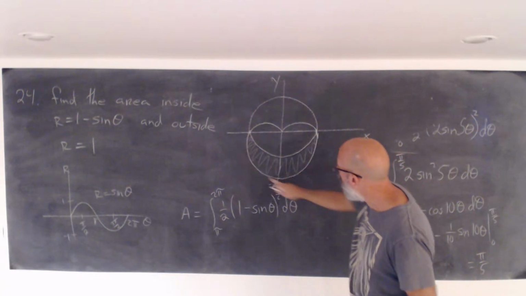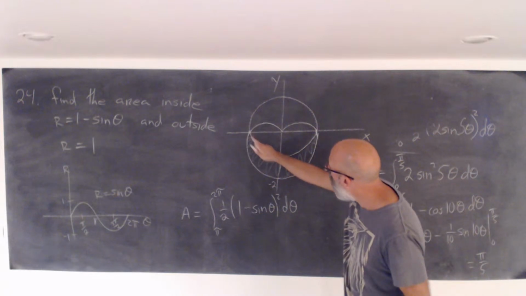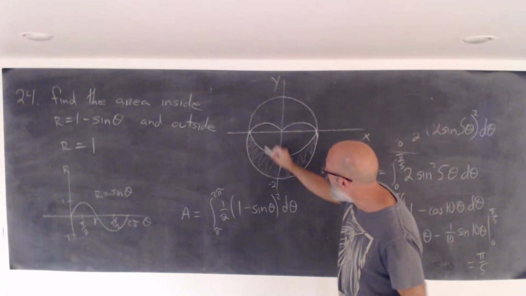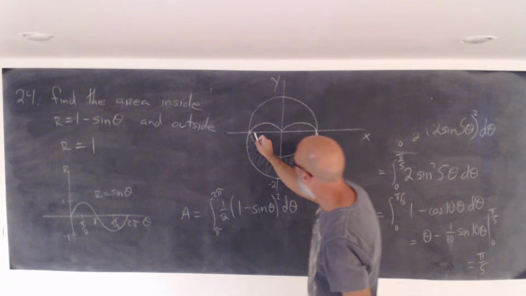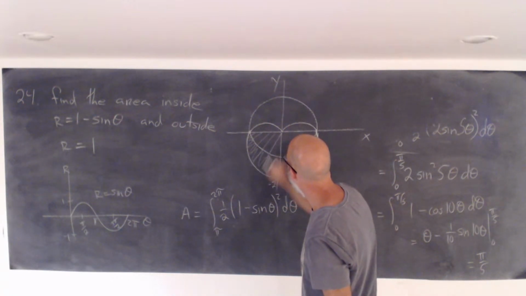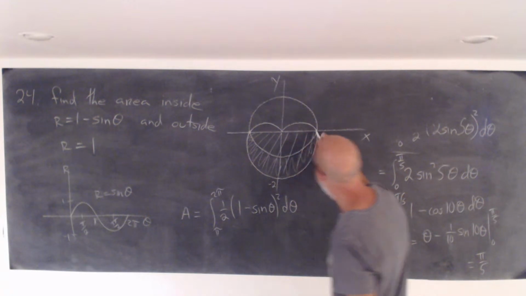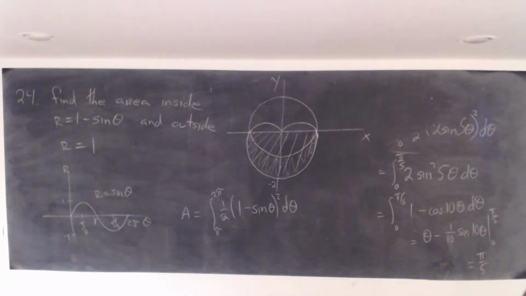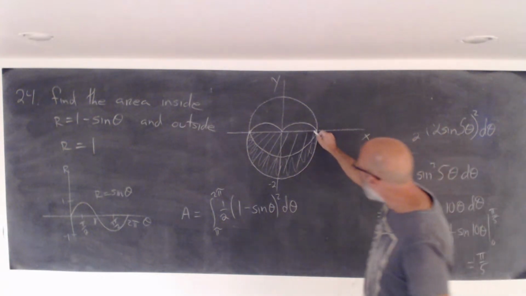The whole thing in your cardioid. You don't want the whole thing, you want to subtract this, right? So this gives us this whole thing right here. That's what we have right now. We don't want this region.